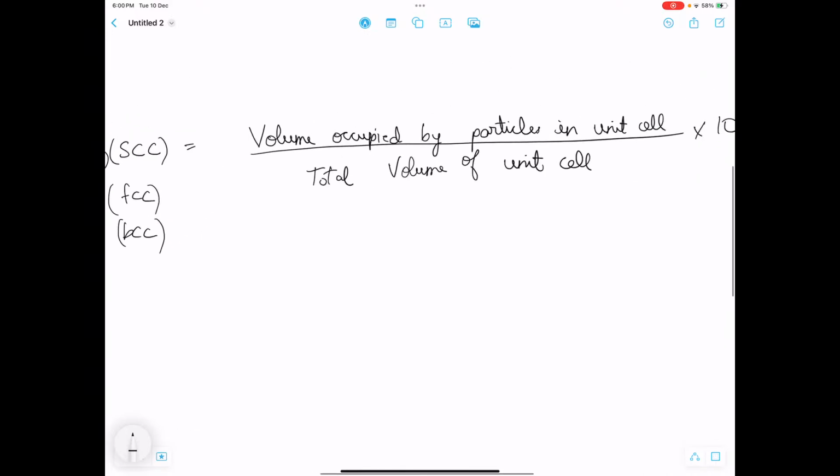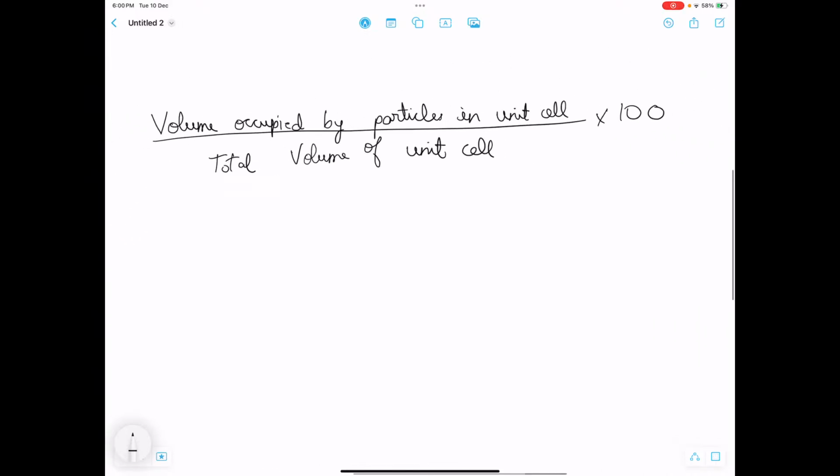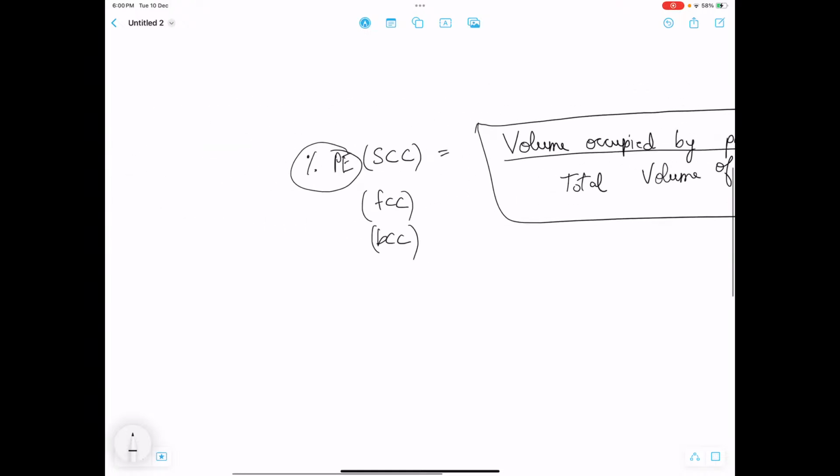Let me repeat: volume occupied by particles in a unit cell upon total volume of unit cell into 100. This gives the percentage packing efficiency.